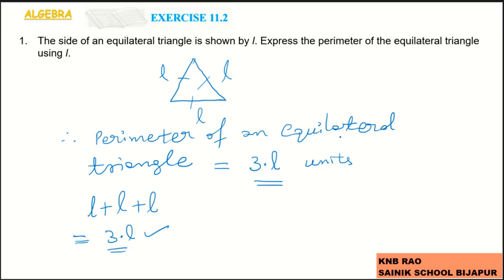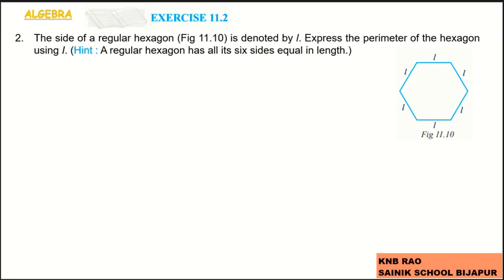Now coming to main question 2. The side of a regular hexagon, hexagon is nothing but a 6-sided closed figure. So in this hexagon there is one speciality, it is regular. What is the meaning of regular?